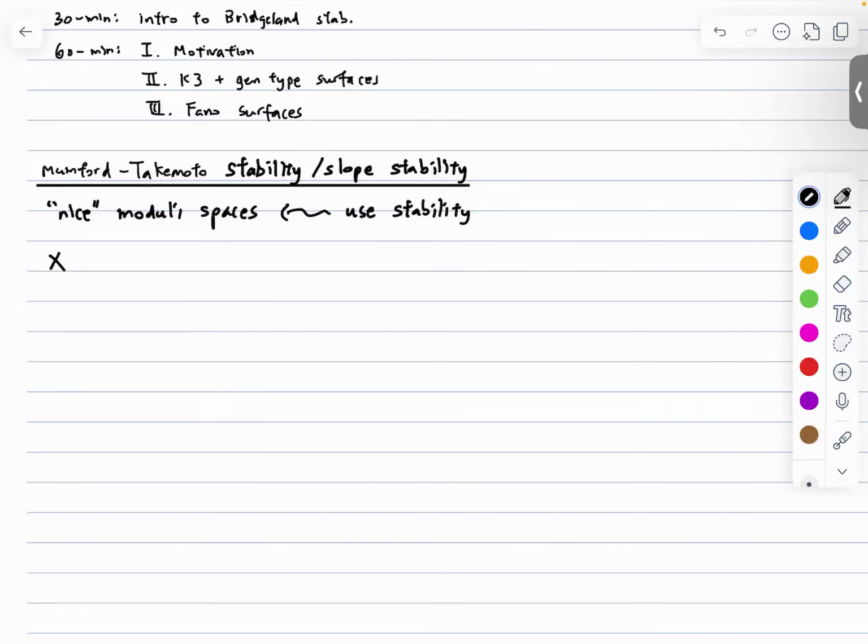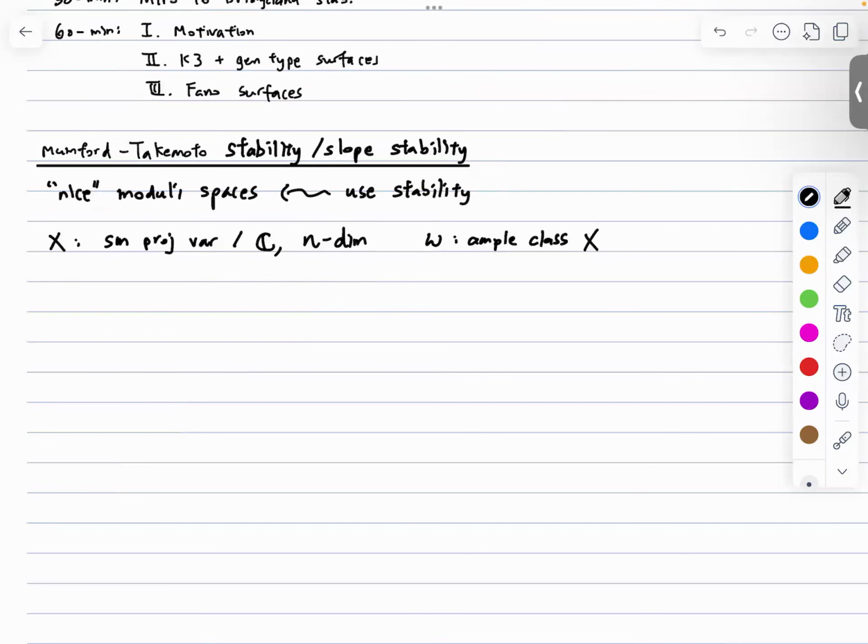So let's say X is an arbitrary smooth projective variety over the complex numbers of dimension n, and let's fix an ample class on this variety. Those of us who work on moduli spaces of sheaves or complexes of sheaves can define a number for any non-zero coherent sheaf on X, or any non-zero object in this abelian category of coherent sheaves.